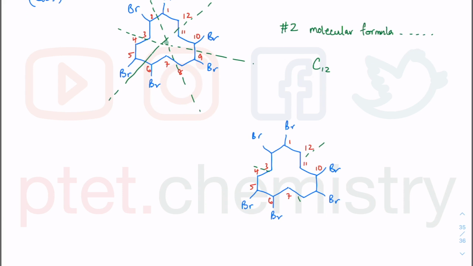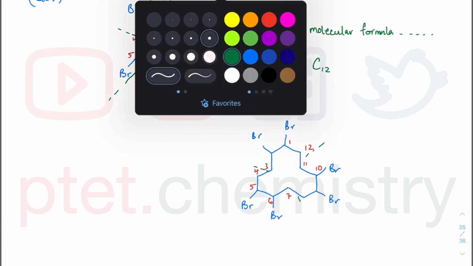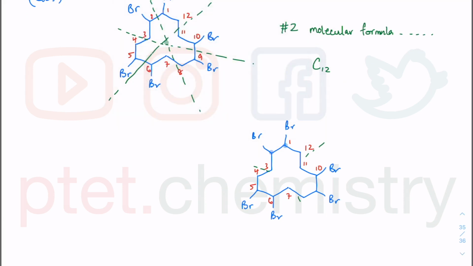So let's try and count the carbon, the hydrogen, okay? So 1, 2, 3 and 4, 5 and 6. I should probably use a different color. So the blue one represents 1 hydrogen, okay? So there is 6 already.